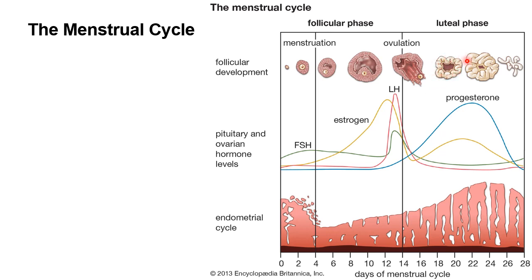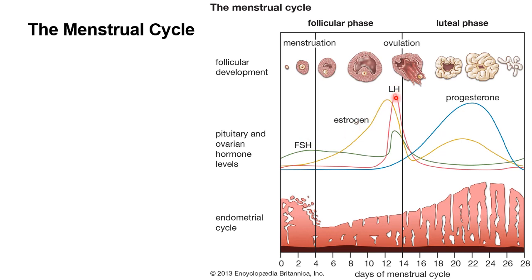Okay. And lastly, please remember, for you to be able to understand the menstrual cycle, that follicle stimulating hormone and luteinizing hormone rely on negative feedback. So, if you have a lot of progesterone, that will inhibit the release of follicle stimulating hormone and luteinizing hormone.